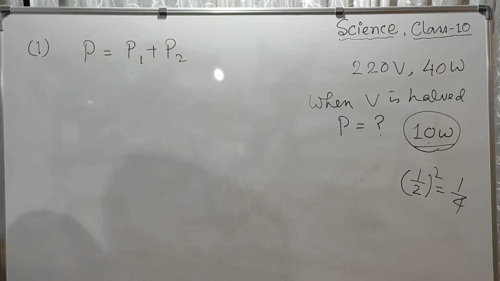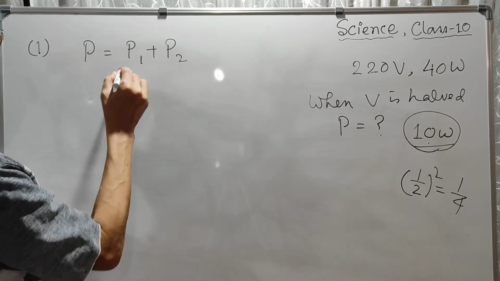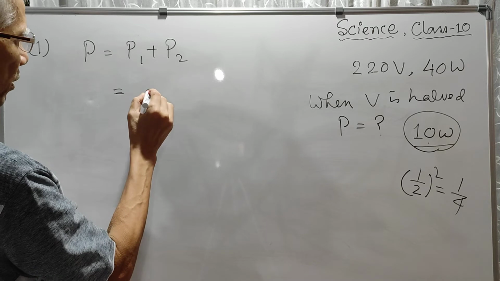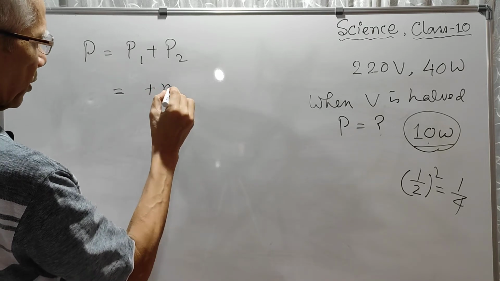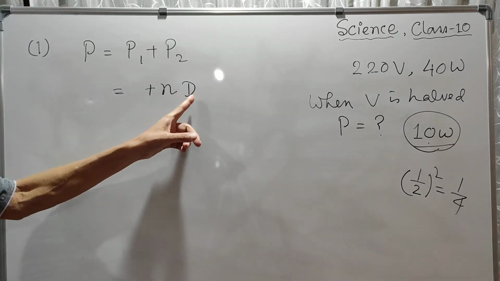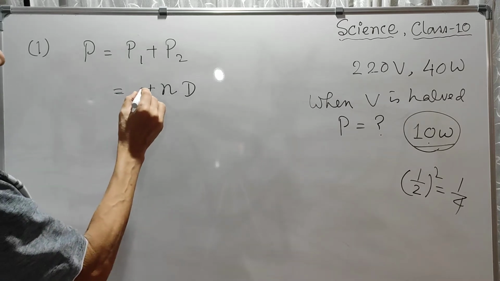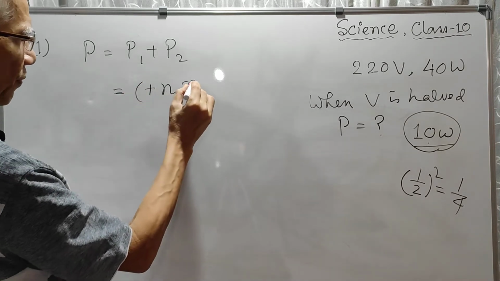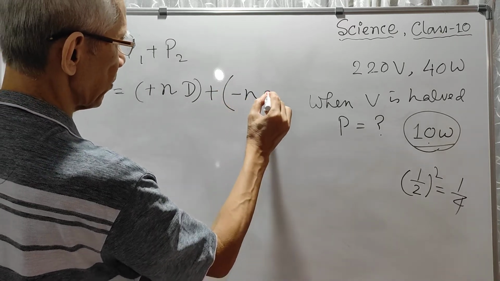This is the formula, right? Now suppose we take one lens with power plus n diopter. Now you know D is the SI unit of power. Suppose the first lens we take with positive plus n diopter, and the second lens we take minus n diopter.